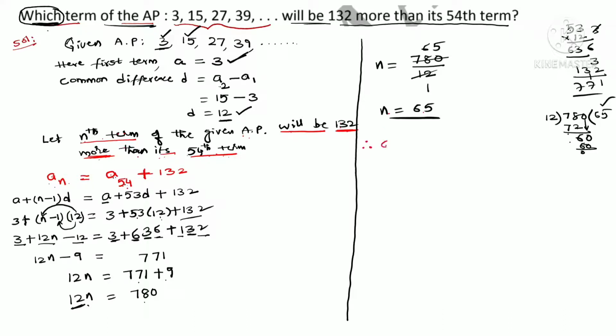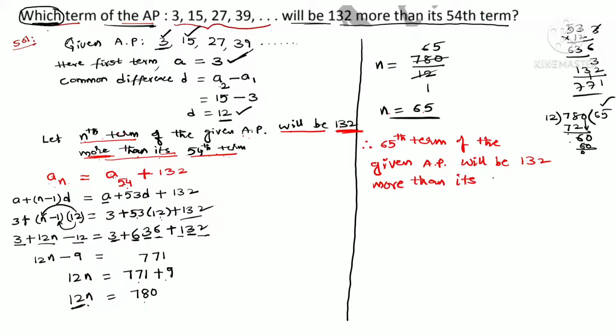Therefore, the 65th term of the given AP will be 132 more than its 54th term. So this is the end of the solution.